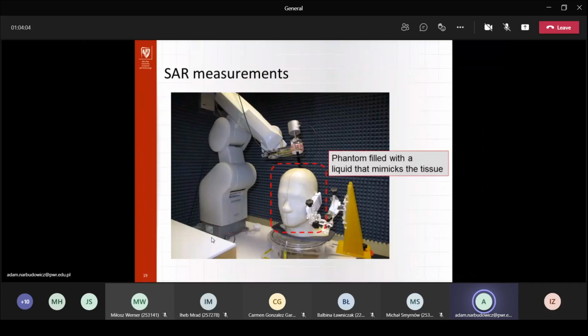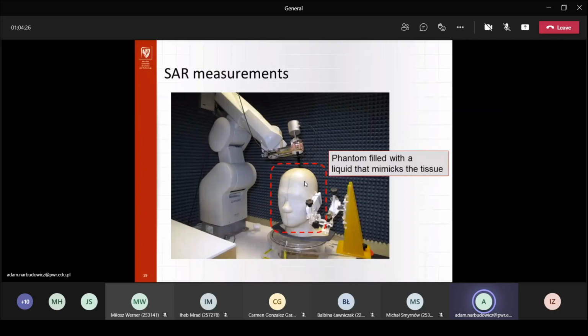So what we've got here is a phantom. In this case, it's a test of mobile phones. So we have a phantom in the shape of a human head, and it is filled with a liquid which aims to mimic human tissue.